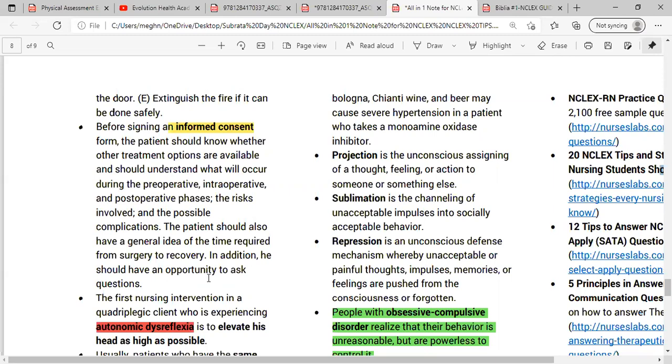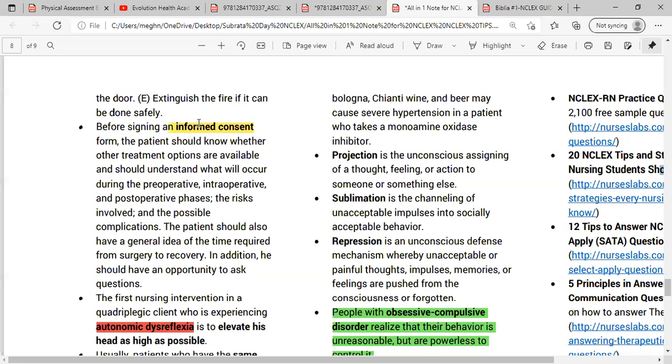But it is their right. If they like, they can refuse. So, informed consent: usually the doctor takes the informed consent and the RN is there as a witness. Informed consent must be obtained from a client or other healthcare proxy for any invasive procedure.